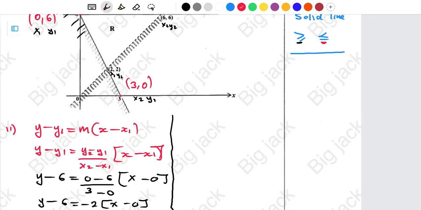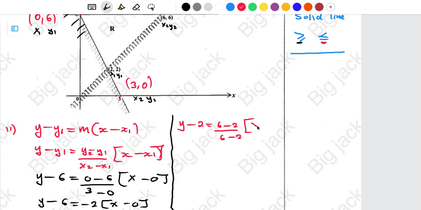Alright, so we don't have y. Do we have y1? Yes, we have y1 as 2. Do we have y2? Yes, which is 6. Do we have x2? We have, which is 6. Do we have x1? We have, which is 2.